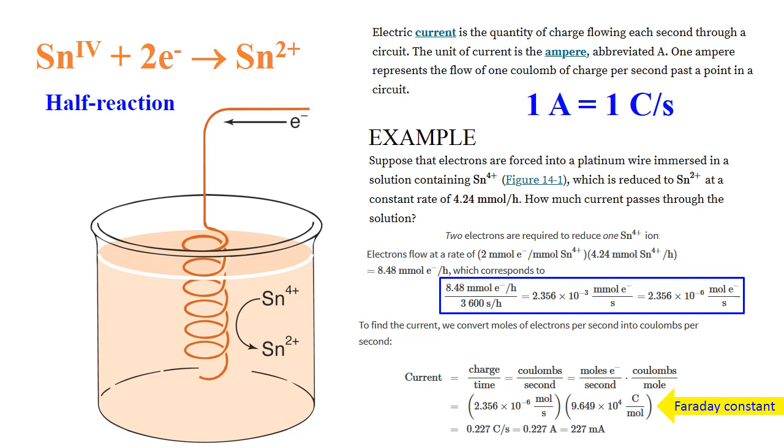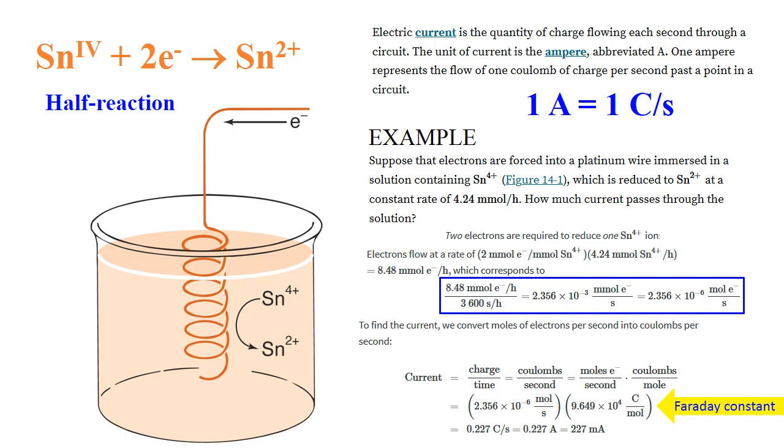How much current passes through the solution? Now, there are two electrons that are required to reduce one Sn4+ ion. Electrons flow at a rate of 2 times 4.24 millimoles of tin per hour.